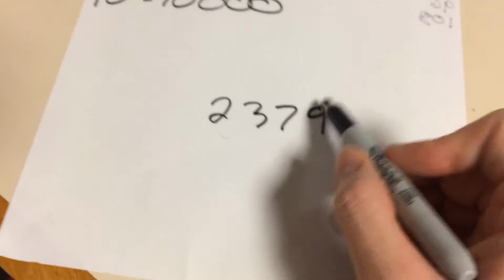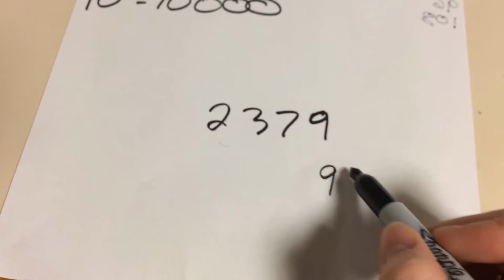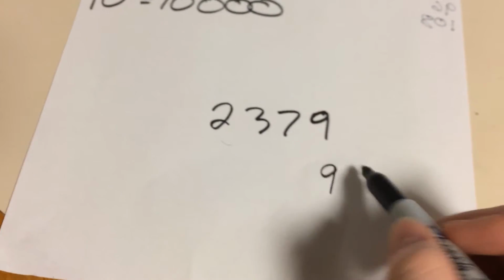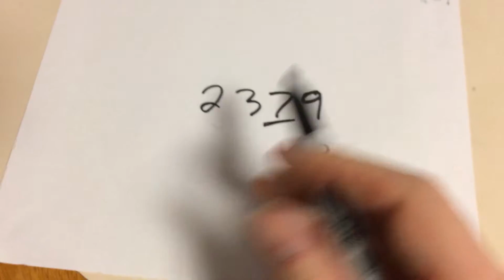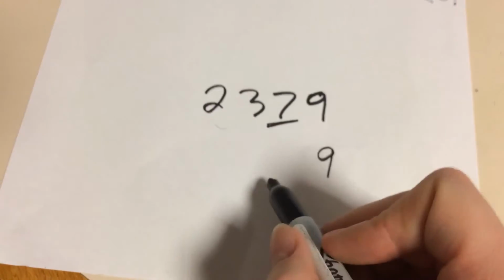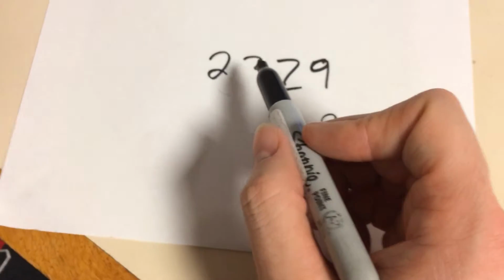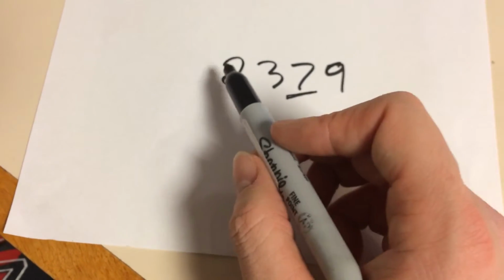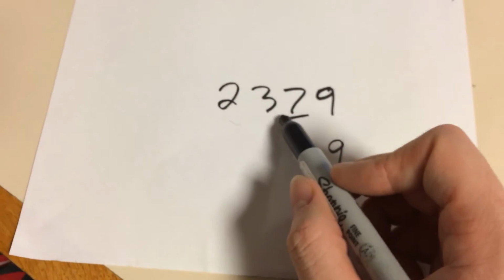When we look at our place values here, we have the 9 singles, 9 individual numbers. Now this means not that we have 7 individual numbers, but we actually have 70 because it's 7 groups of 10. And over here, we have 3 groups of 100, and over here we have 2 groups of 1,000.